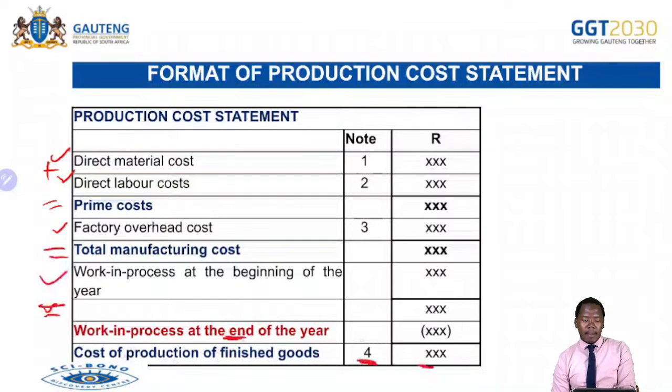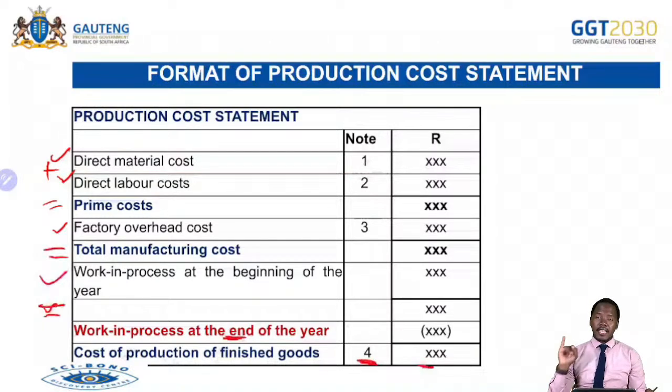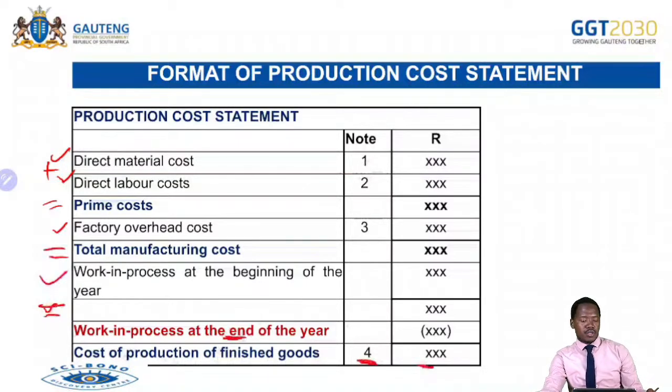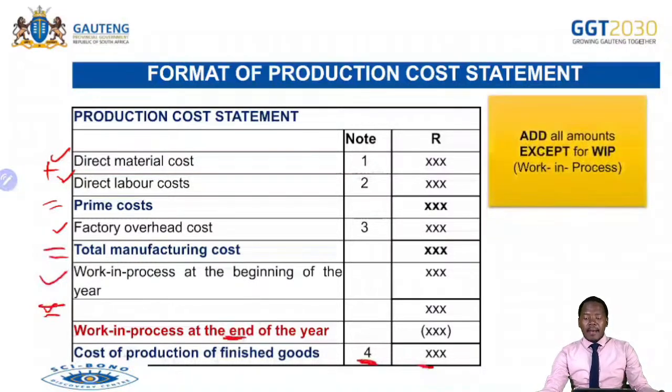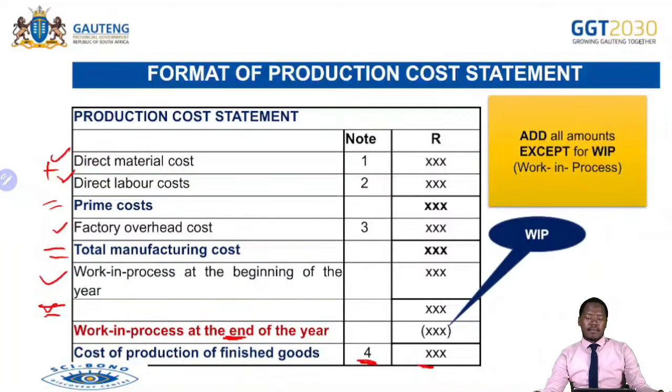That is my note number 4. I have 4 notes under production cost statement. There is direct material, direct labor, factory overheads, cost of production of finished goods. Right. Remember, grade 12, we are adding everything except the work in process.